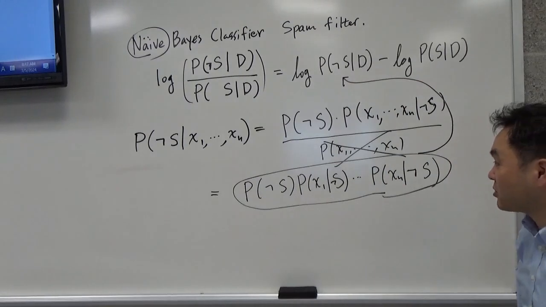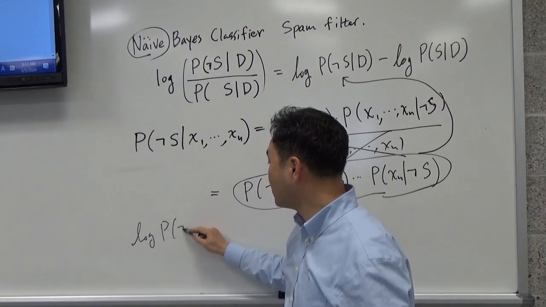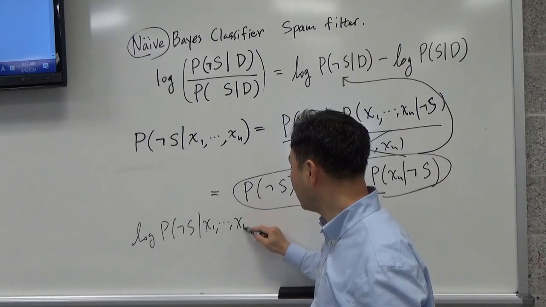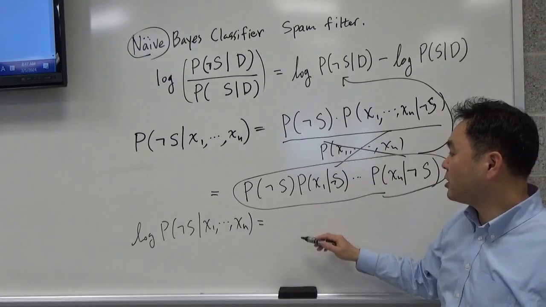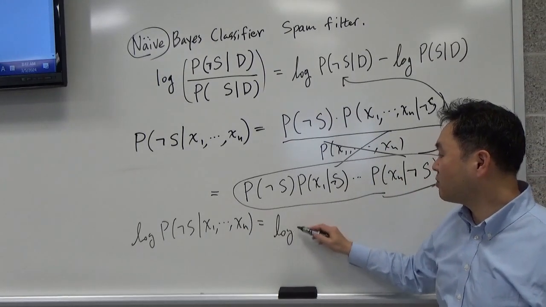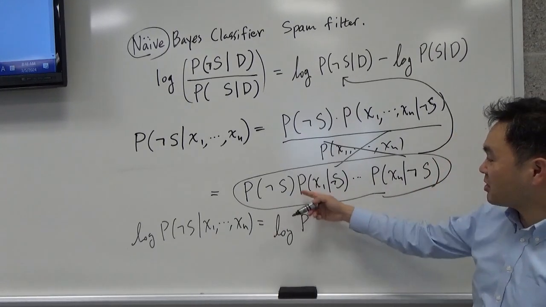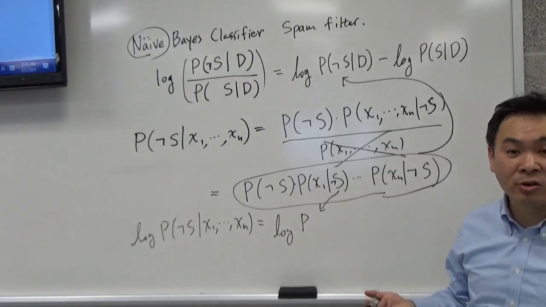Okay, and then if you stick this in there, think about what happens. Log of P(not S | x1 through xn) is going to be the log of this thing. I don't want to write it again, but this goes in here. But then if you have a multiplication inside the log, what do we know?